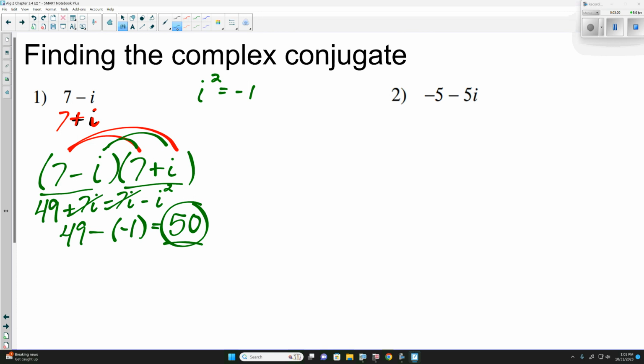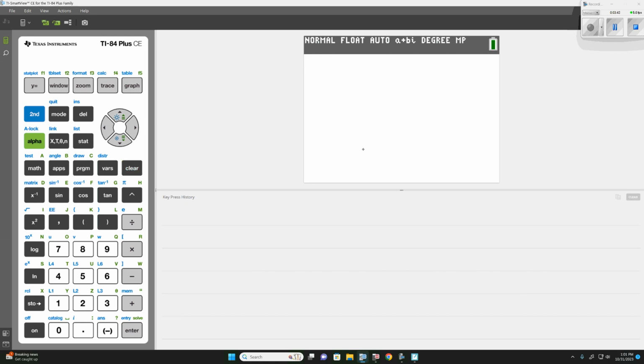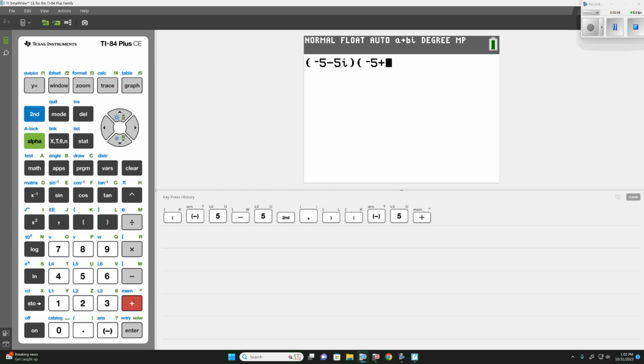Number 2, what would its complex conjugate be? Now we do need to multiply them together to find out what their product would be. Well, we did this yesterday. Negative 5 minus 5i times negative 5 plus 5i.